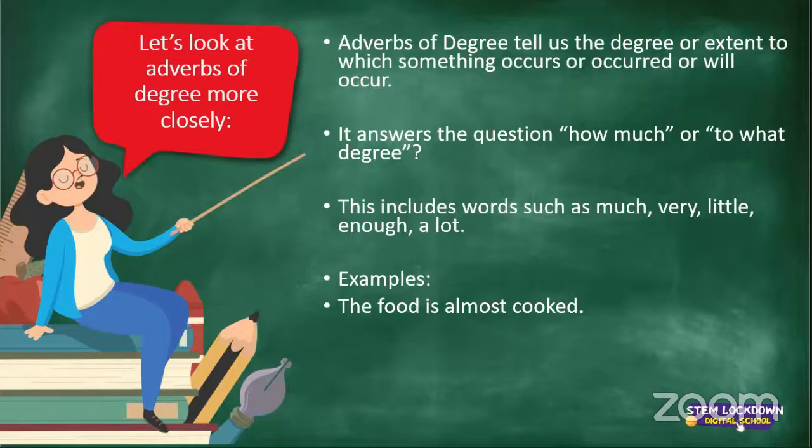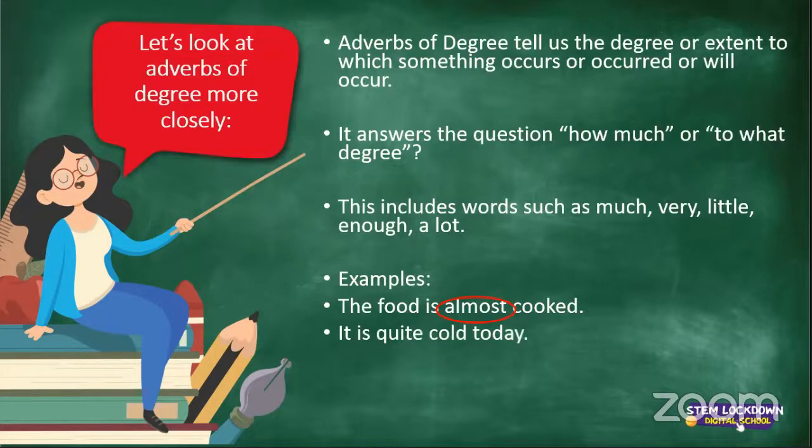And the answer to that question will be your adverb of degree. Very good. It is almost cooked. How far or how much or to what degree has the food cooked? Almost.